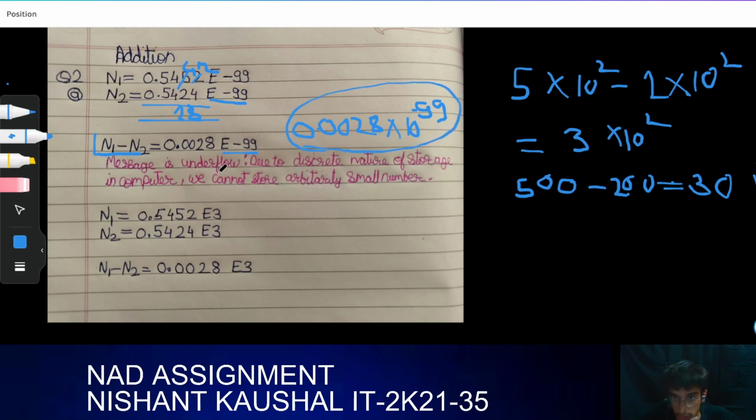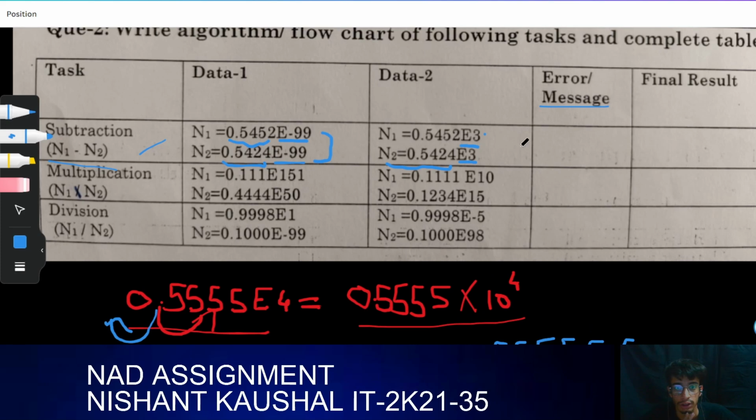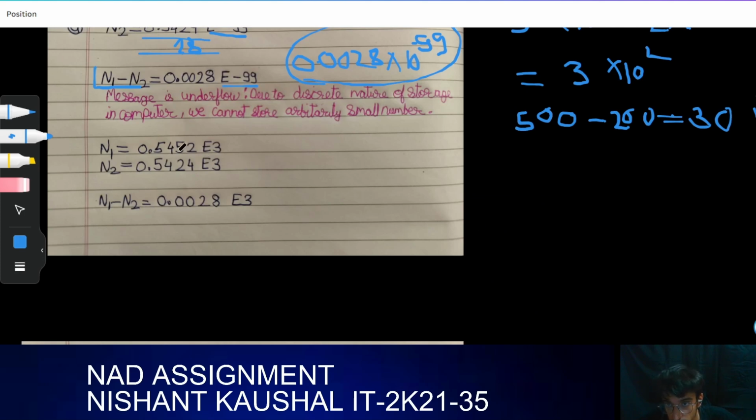So the message in this question will be underflow, right? Similarly, we apply this operation on this data. So 0.5452 E3 minus 0.5424 E3 will be the same, 0.0028 E3.